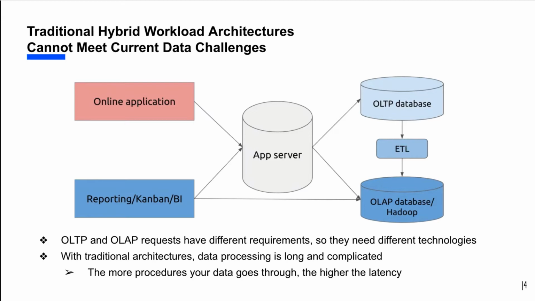So number one, it becomes complex to do that. You're using change data capture, you're doing those ETL processes, and the more steps you go through, as illustrated here, you increase latency, right? And it really becomes a long path to get to that data.